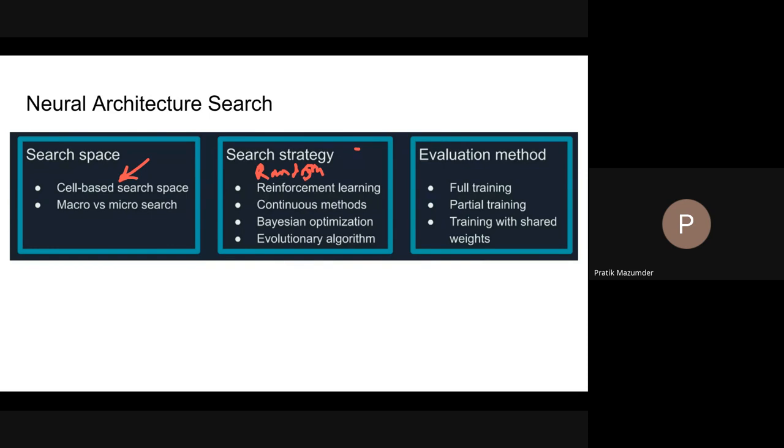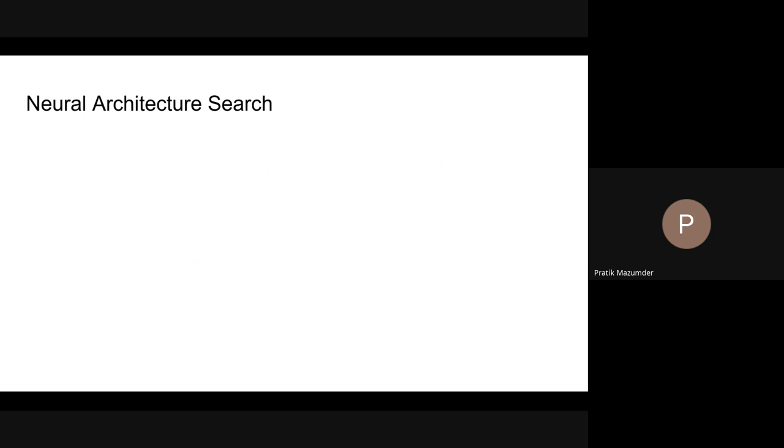But there's no guarantee that you come up with an optimized model in this case, so you can also look at other types of algorithms. And for the evaluation method, the base method is simply full training followed by full testing, but that will be extremely slow. We'll see other techniques that can make this process much faster.